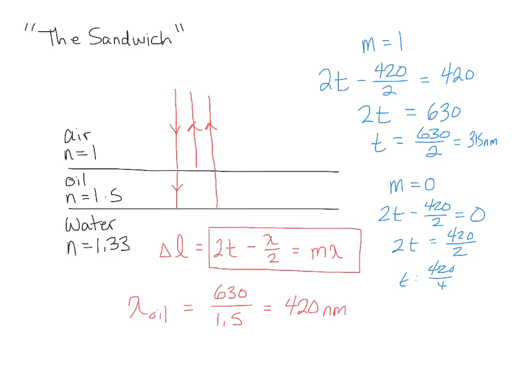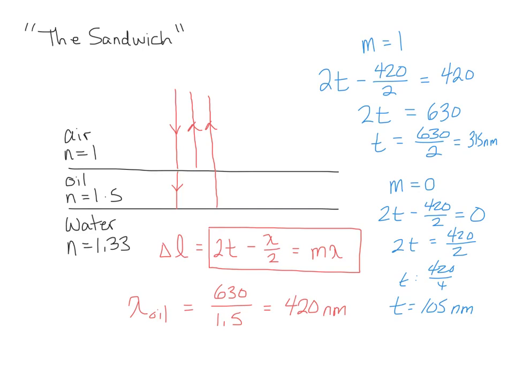So in that case, my thickness is going to be 1/4 of the wavelength in the film, 105 nanometers. Of course, if I want to find destructive interference, then I'm going to set m equal to 1/2, 3/2, 5/2, etc. And that will allow me to find the thickness of the film for destructive interference. And what you'll notice is that the thicknesses end up swapping in this situation compared to the progressive situation we talked about a minute ago.